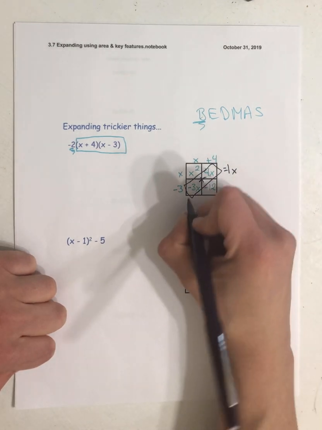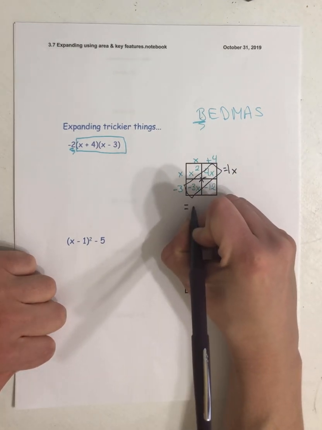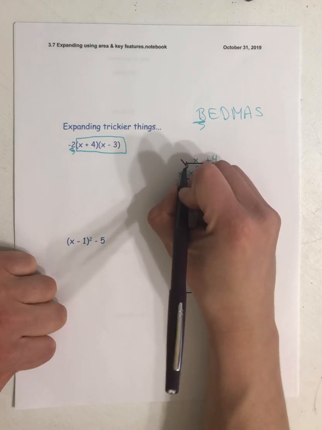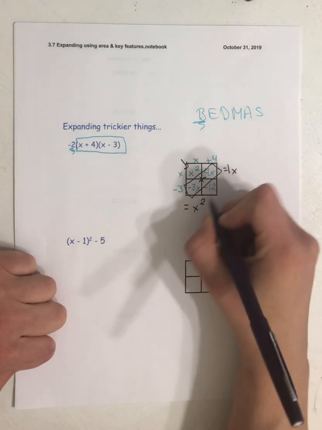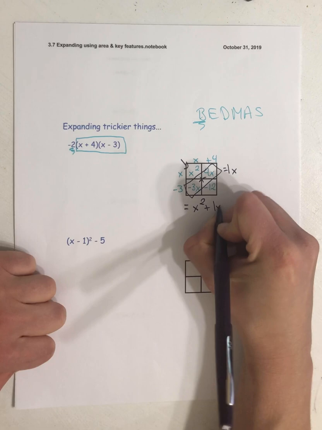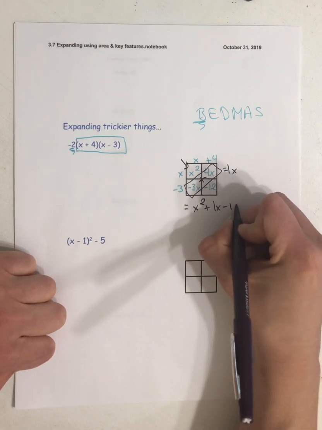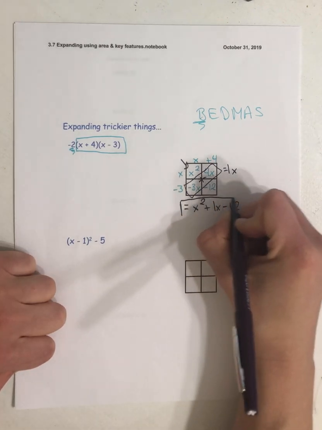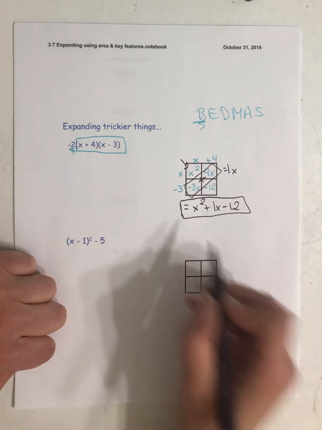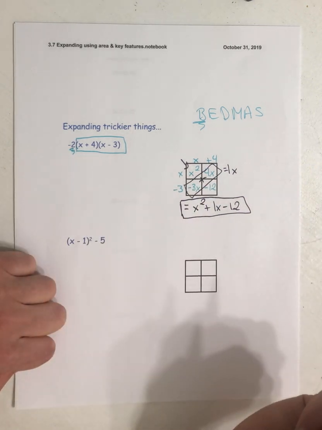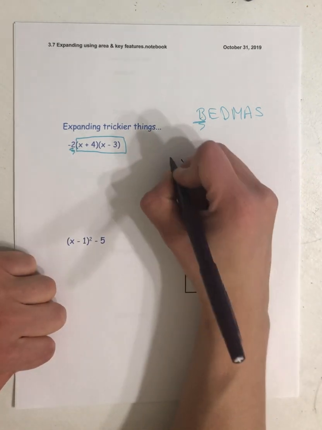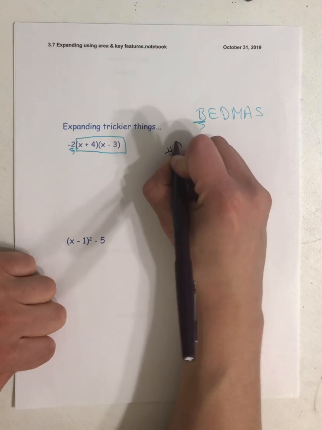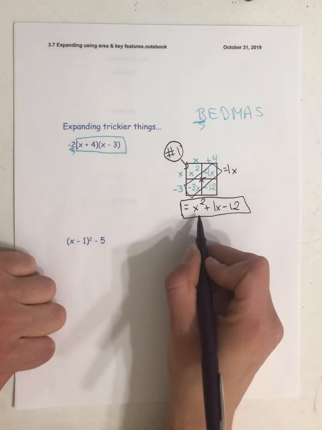And then we write our equation out. So we have x squared plus 1x minus 12. Now that we have that, we can't forget about this too. So this was step number 1, and we found this.